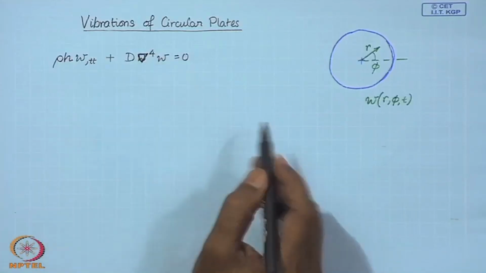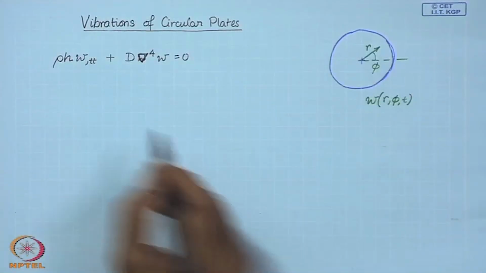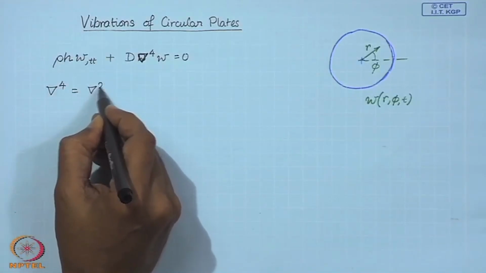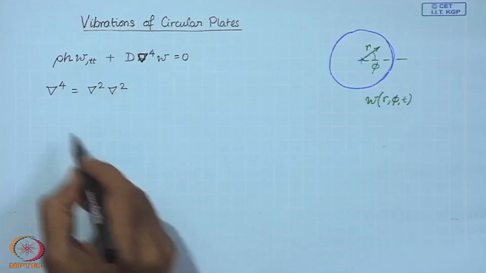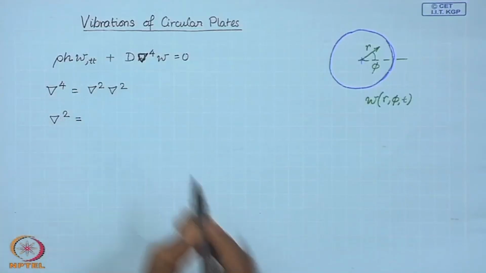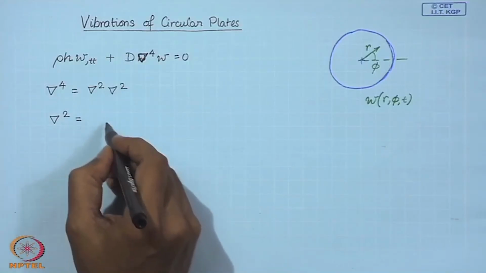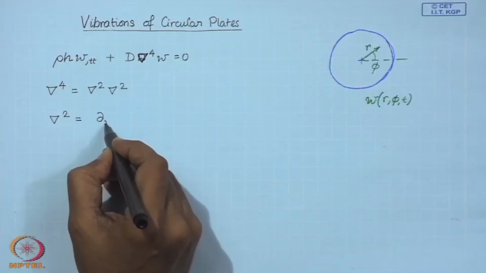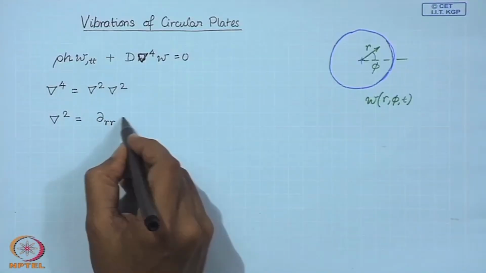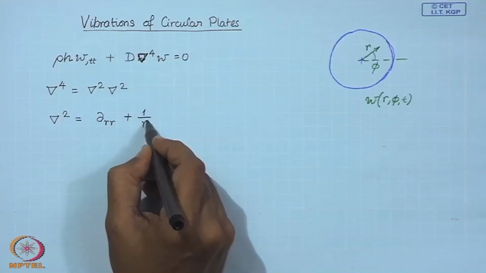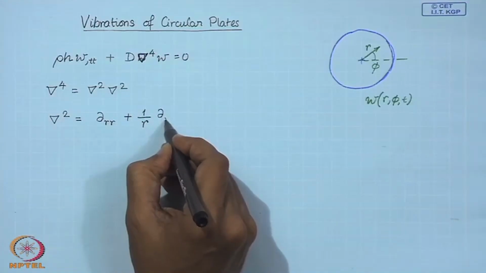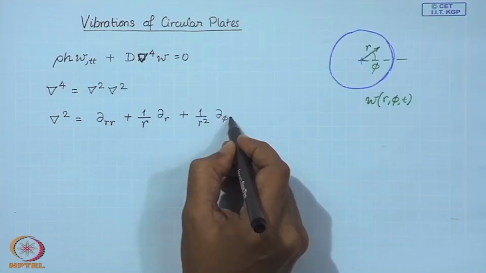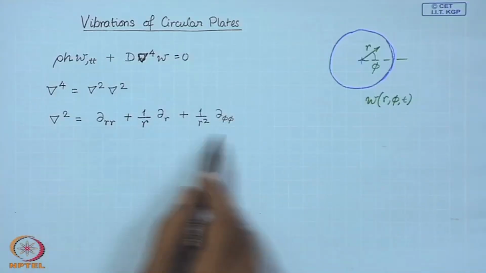This is the equation of motion for the plate, where for the polar coordinates, nabla to the power 4 is of course the square of the Laplacian, and the Laplacian in plane polar coordinates is given by this operator.